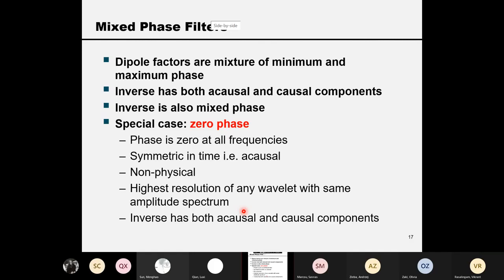We will see an example later. Its inverse, because it is mixed phase, has both causal and acausal components. That's the same as the maximum phase and mixed phase filters, right? A zero phase filter is a mixed phase filter.